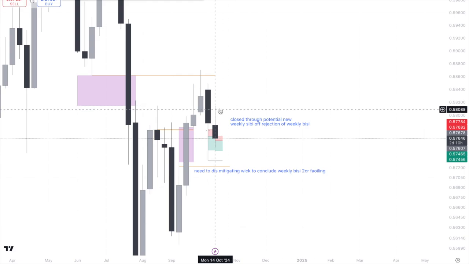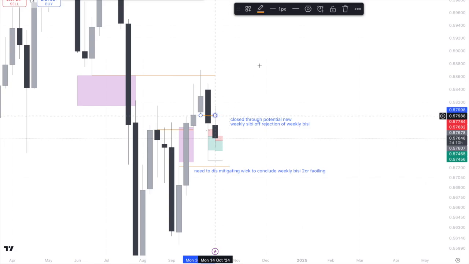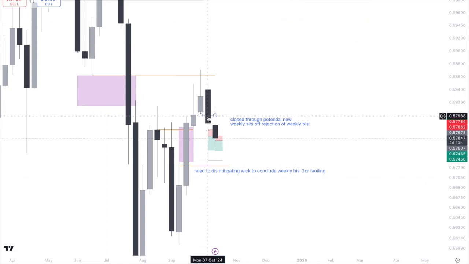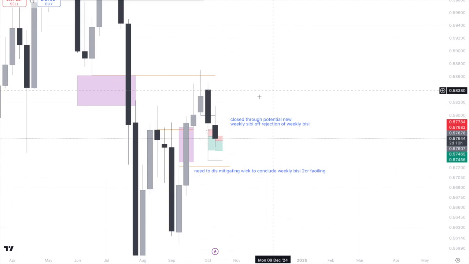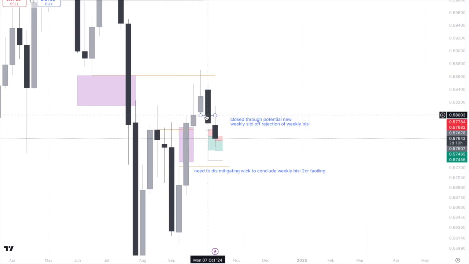But in between that, you also have close through or don't close through this potential fair value gap, which would start there. And closing through obviously makes this side of the market's arguments a little bit stronger.